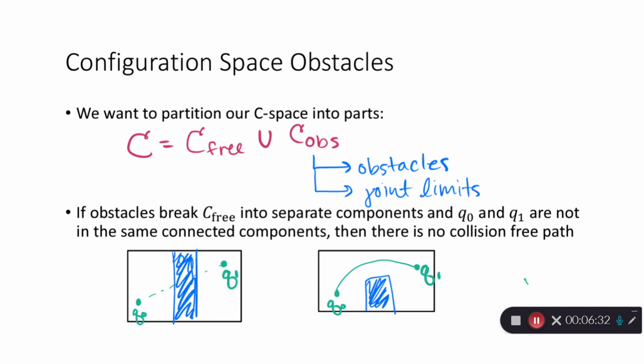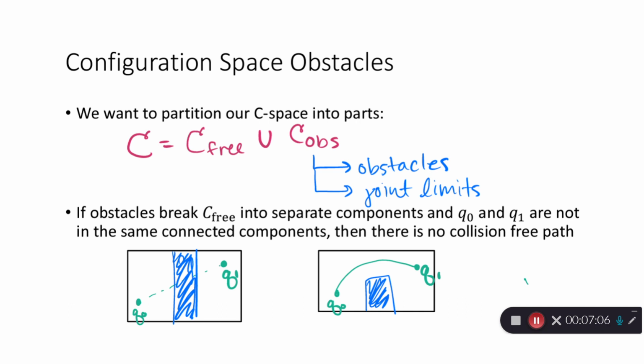If the obstacle breaks C free into separate components, and as you can see in the diagram, Q0 and Q1 are not in the same connected component, then there is no collision-free path. So in the first frame you can see that Q0 and Q1 are not in the same component, and it gets stuck in between, which shows the collision.